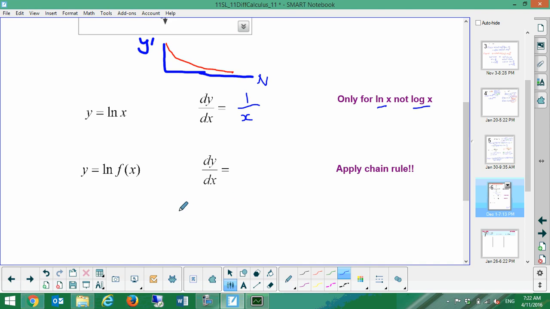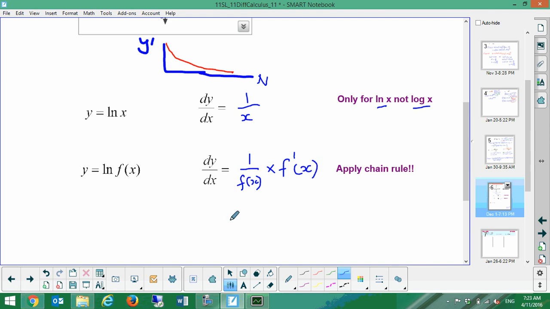So let's now apply our chain rule. If we've got the natural log of some function, then if we differentiate that, remember our rule, we do the outside inside, so it'll be 1 over the main outside function, whatever our little function is going to be in the denominator here, times the differential of the inside function, f dash x.